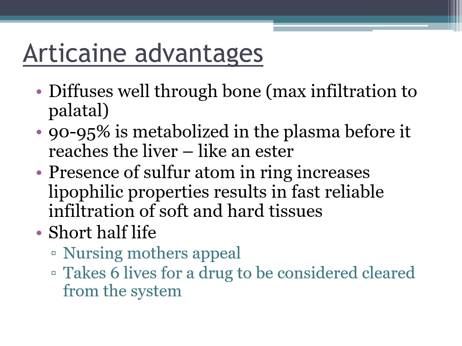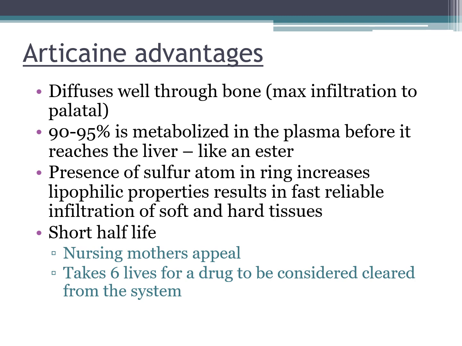Articaine has advantages. It diffuses well through bone. The maximum infiltration palatal, 90 to 95% is metabolized in the plasma before it reaches the liver, like an ester. And there is a presence of sulfur atom in the ring, which increases the lipophilic properties.